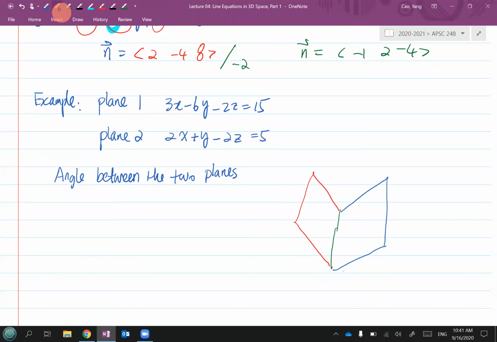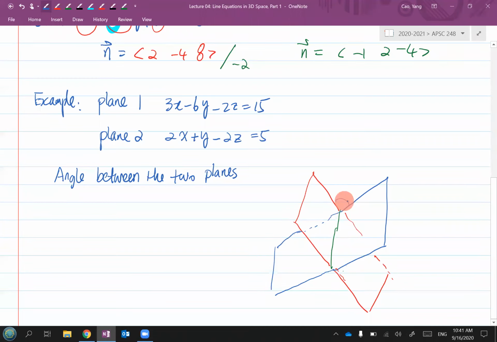And you can always elongate this. So that's the illustration of this question. I don't know which plane is which, but that's fine. So how do I approach this, right? To find the angle, it's basically this angle here.